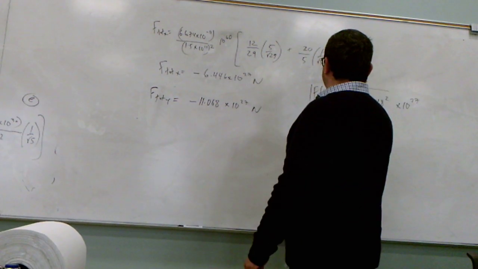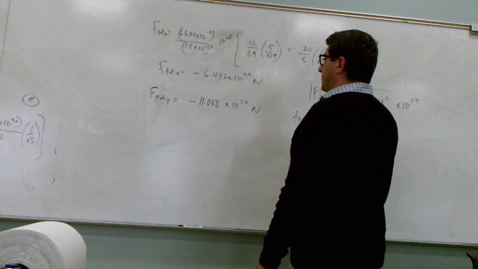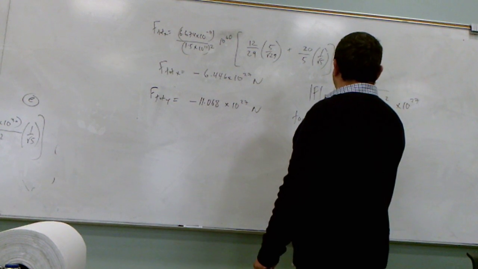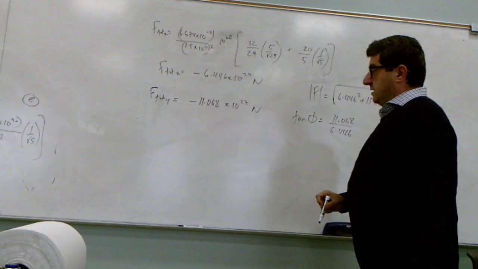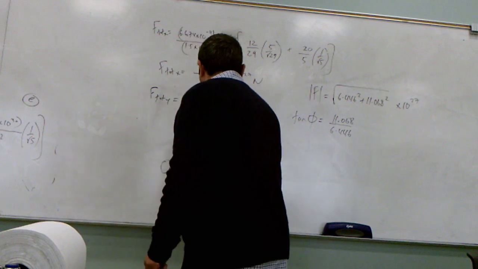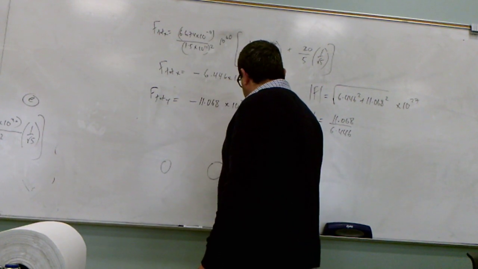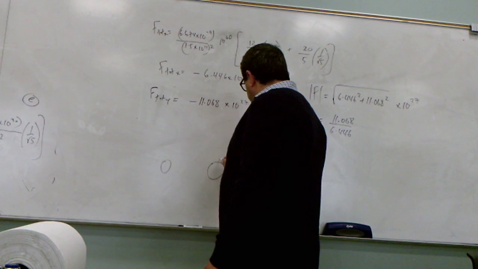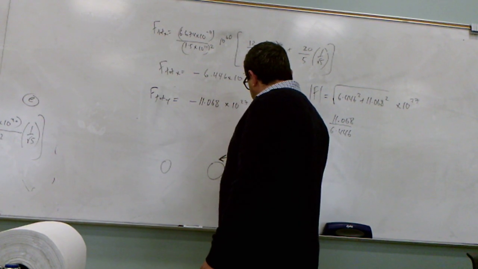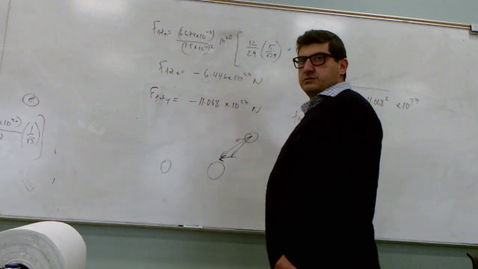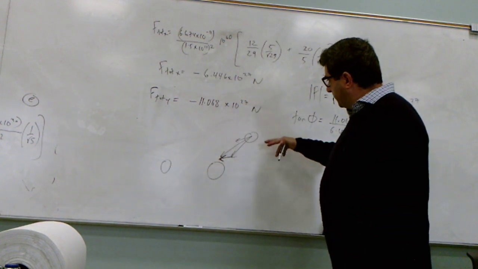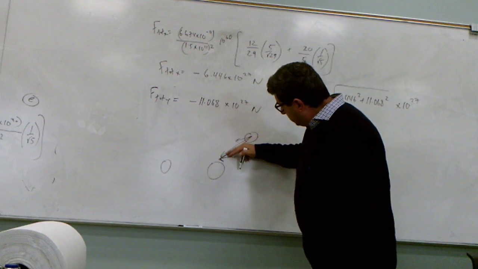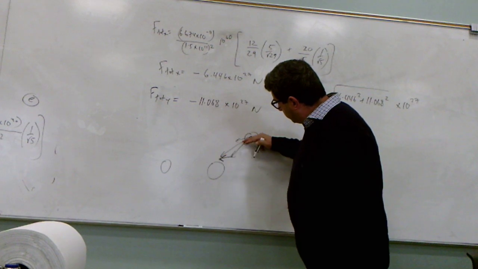And then tangent of phi is going to be 11.068 over 6.446. Because remember, the forces were like this. This guy attracted it really strongly. That one attracted it a little weaker. So if you combine them, the net force is in that direction, right?